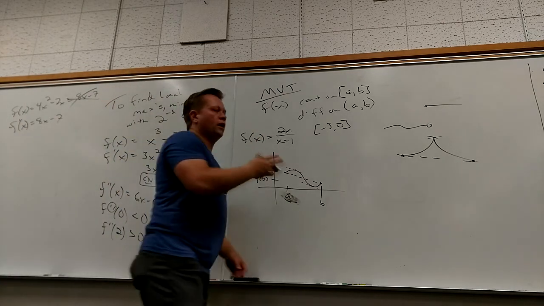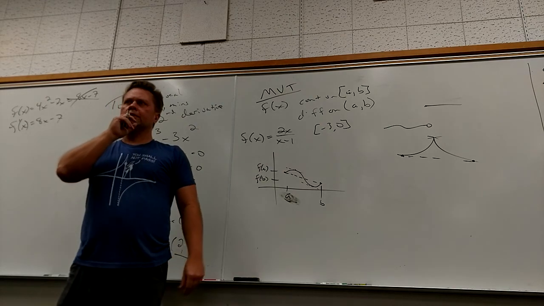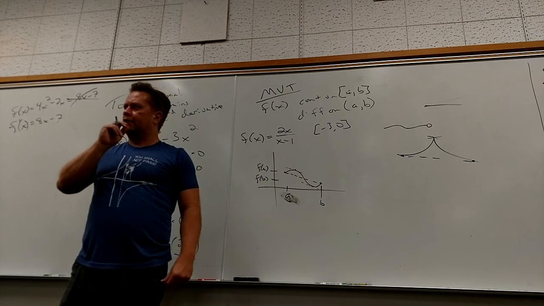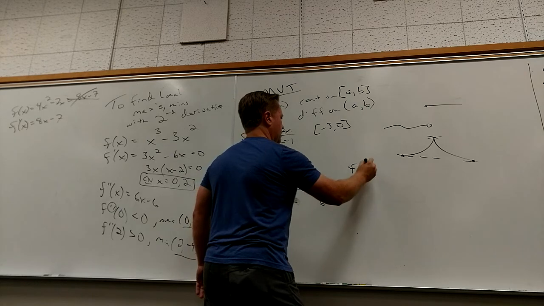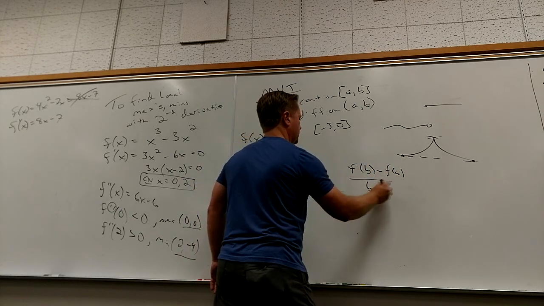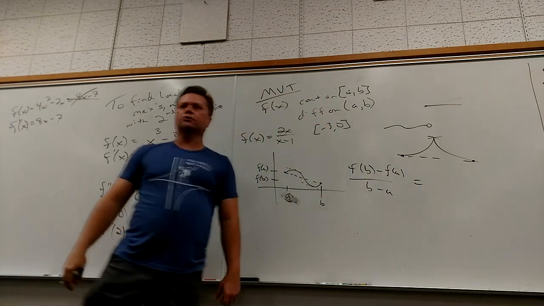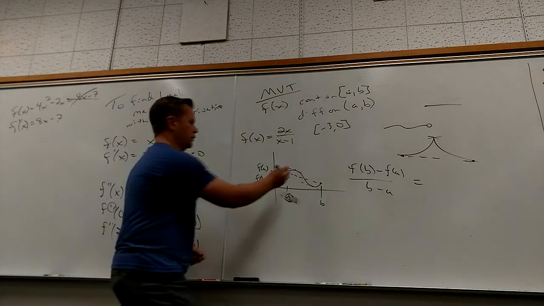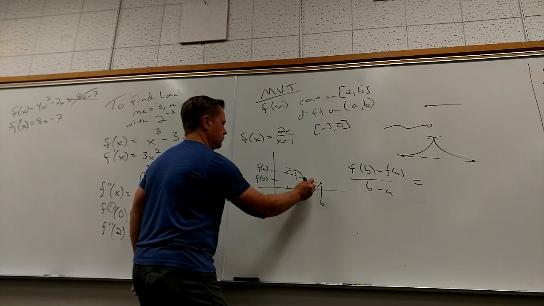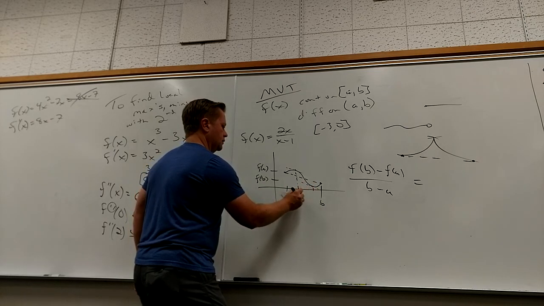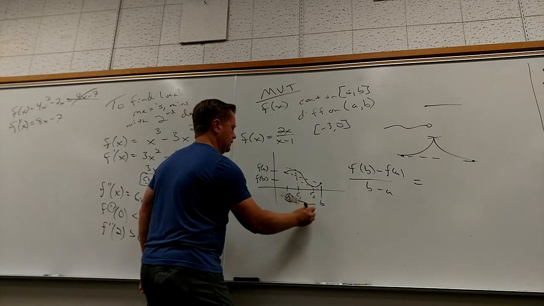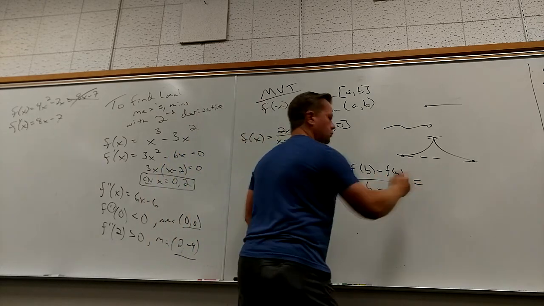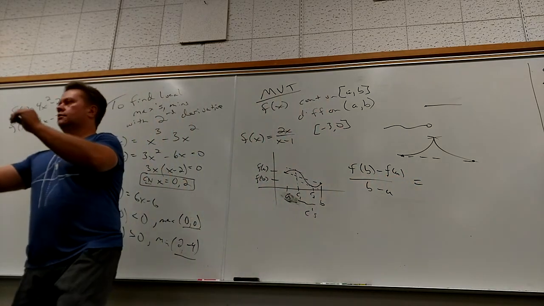So what two ways do we have to find the slope? We have good old (f(b) - f(a)) / (b - a). And I'm going to set that equal to the other way to find the slope. What are these points going to be called? c1, c2. These are my c's. What's the other way to find the slope, of course?